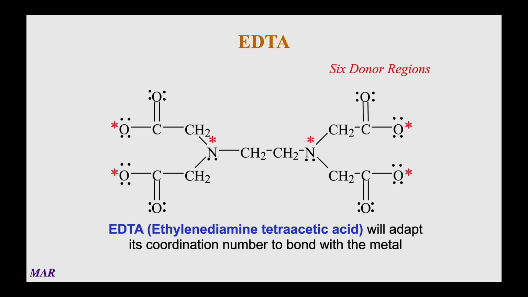It's ethylene diamine, so ethylene is the 2 carbons in the middle, diamine, the 2 amine groups, but it's also tetraacetic acid. Now, acetic acid would be CH3COOH. They're not including either the lone pair or the hydrogen here. Most of the time, for most of these complexes, I would put just another lone pair right there.